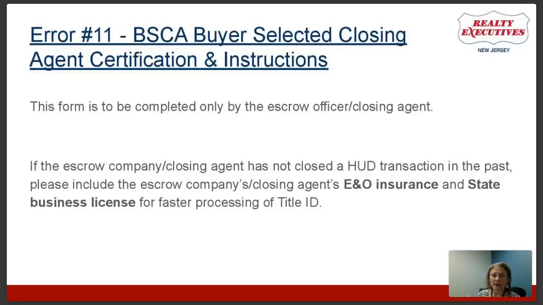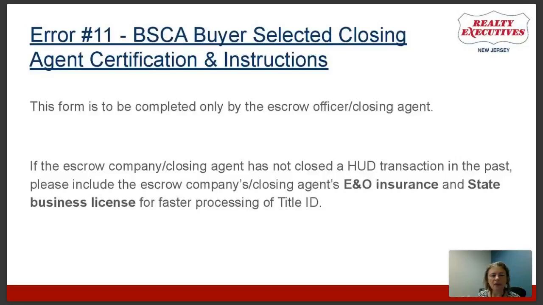If the company that they are choosing to use, or the title company, or title agent, or closing agent, or attorney, has previously done any HUD closings in the past, they already have the required information. That information has to be included in the form with the numbers that correspond to that title or closing agent.